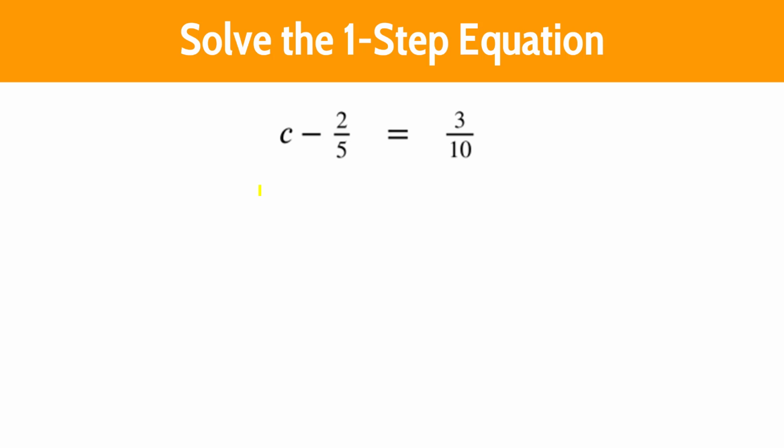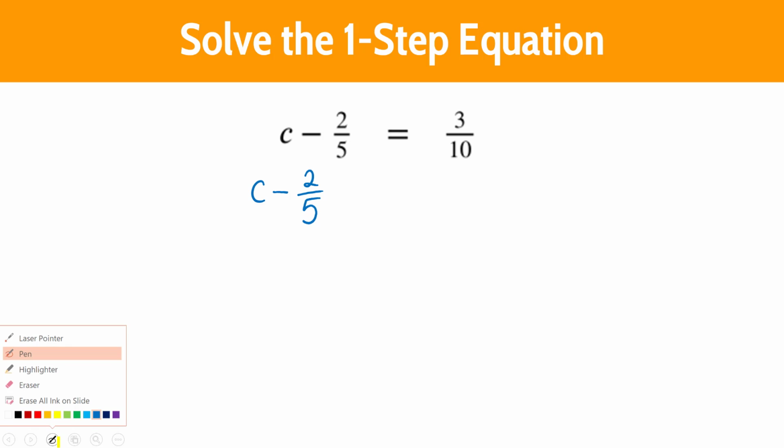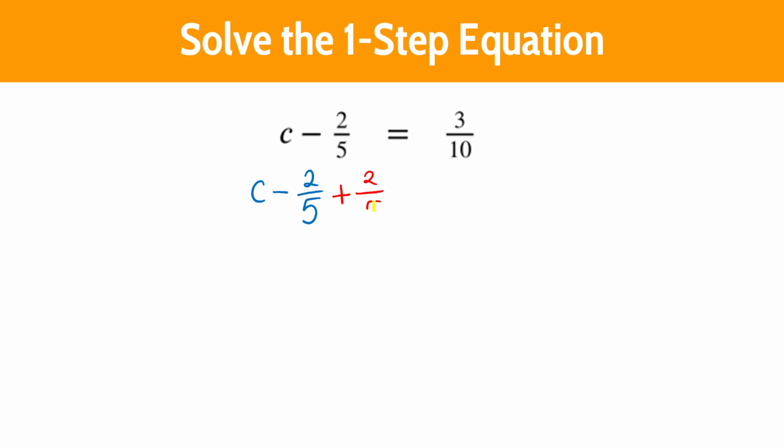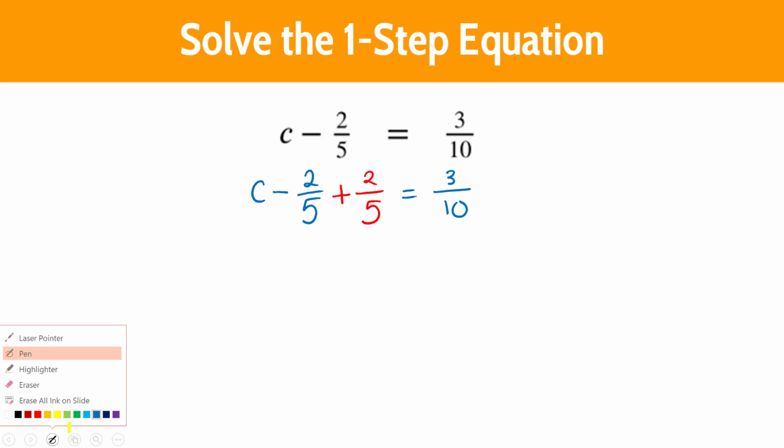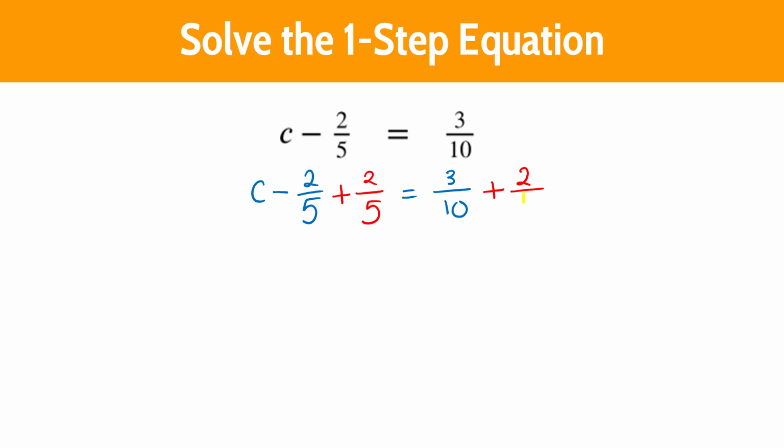So we'll start off with c minus 2/5 plus 2/5 is equal to 3/10 plus 2/5.